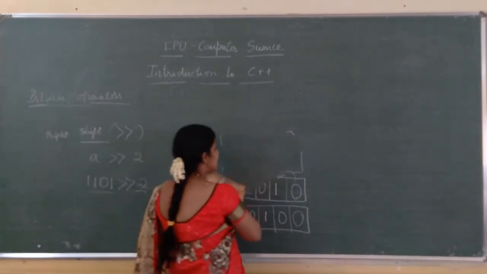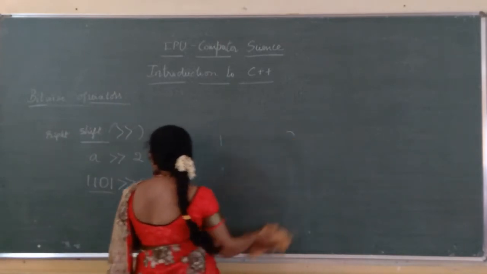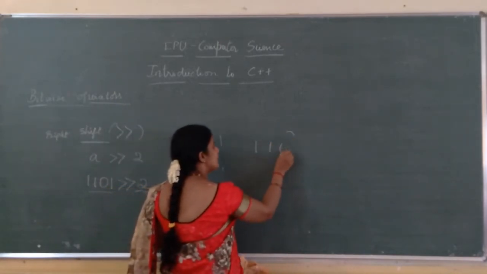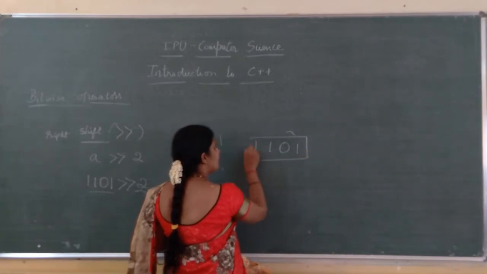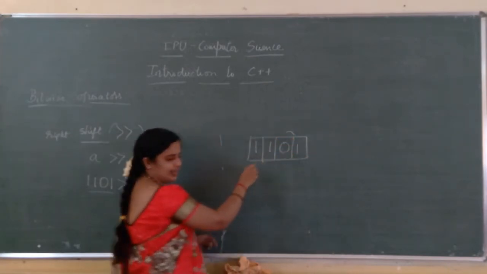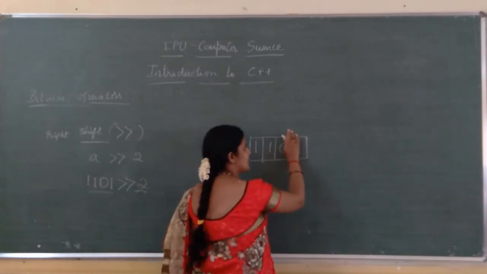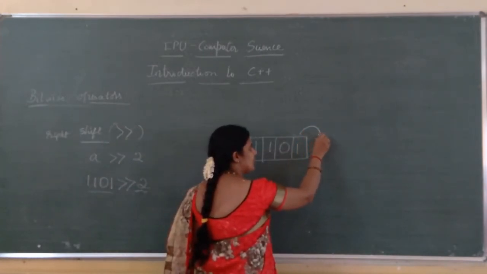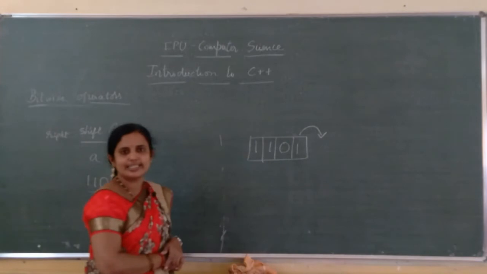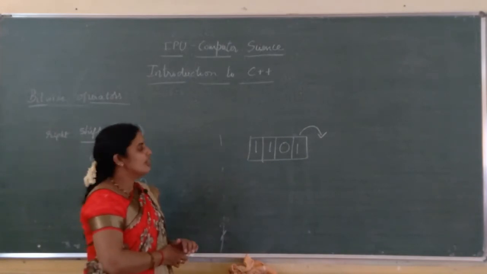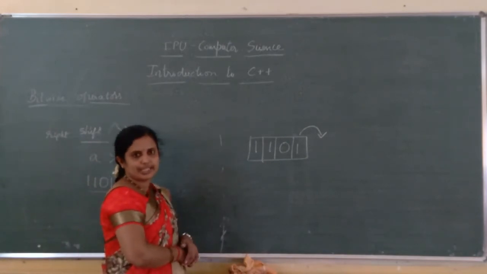Okay, I will consider the example 1101, where you are going to shift it to the right. So we have to consider the rightmost bits first. First shift it out. So 1101, shift it to the right.